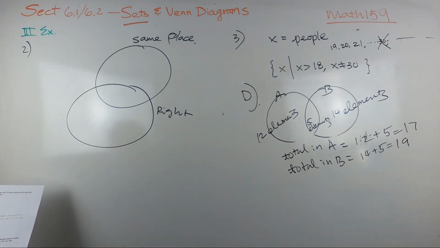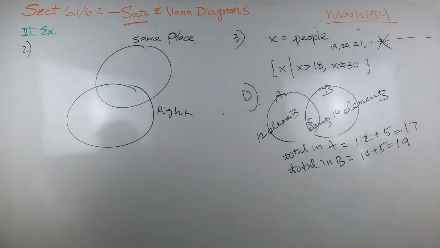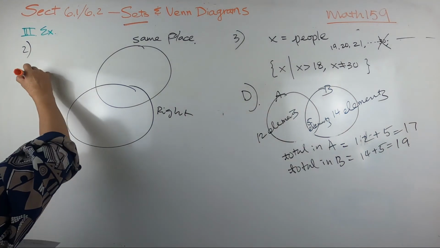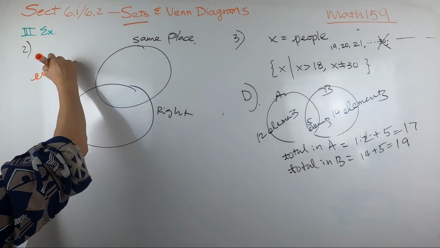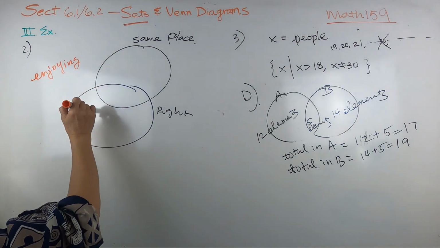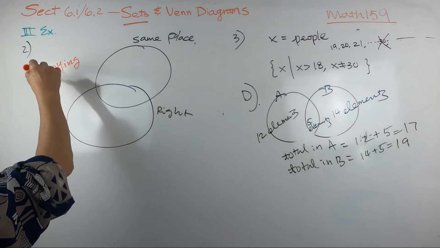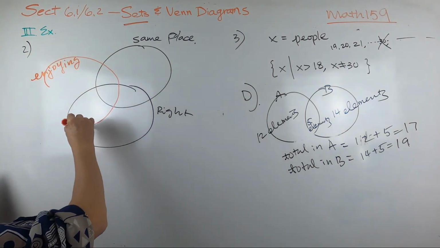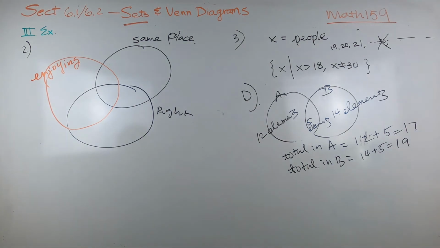Then another one is if they enjoy their experience at the college. So that's enjoying experience in the college. So that would be 3 diagrams. So it should be here, right?